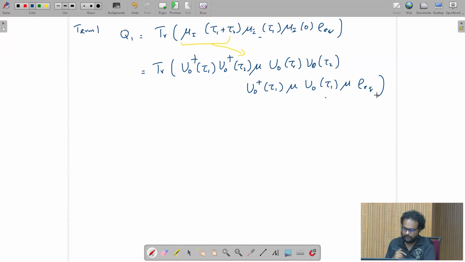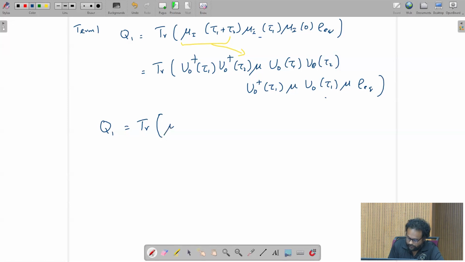Now I can apply some cyclic properties and simplify this further. I'm going to write down the final expression. You can see my notes for the detailed derivation there. The trace has cyclic properties, so I can cycle the things and reorganize my operators within the trace.